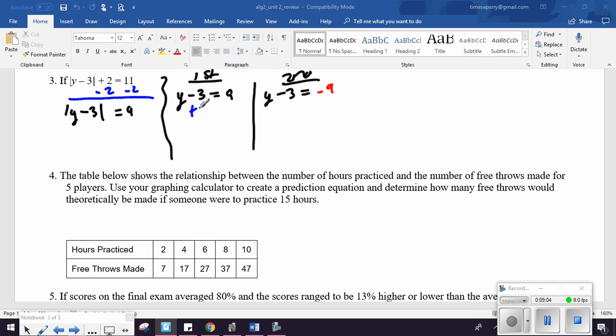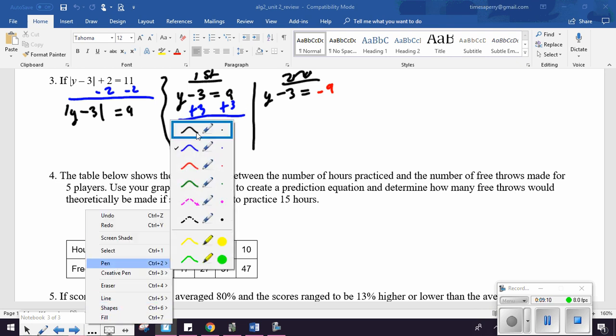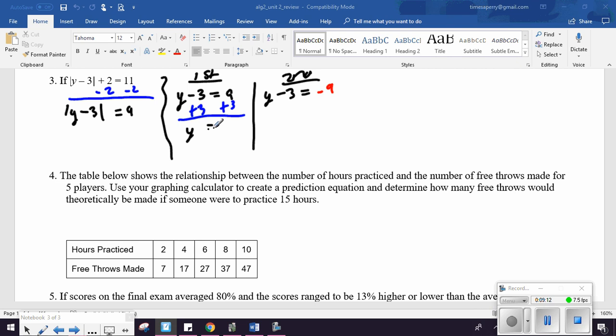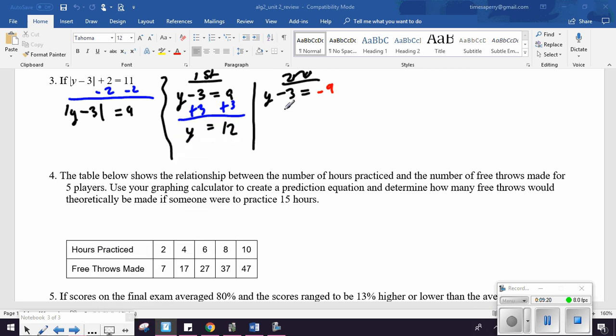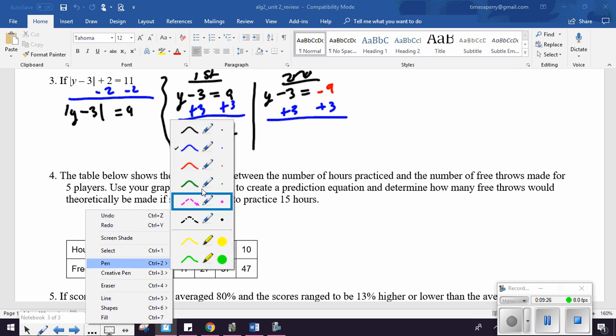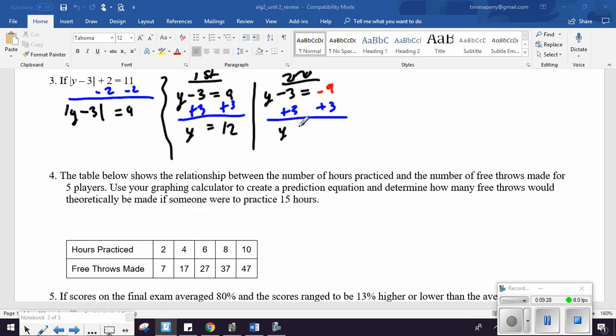So I would add 3 to both sides. So I bring down my y, and 9 plus 3 is 12. In the second case, I'm also adding 3 to both sides. So I have y is equal to negative 6 this time.